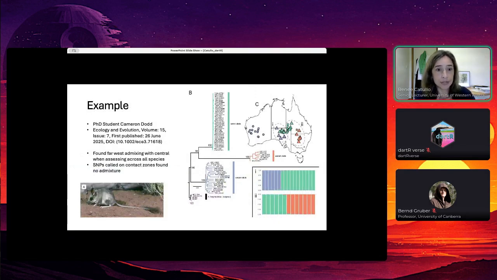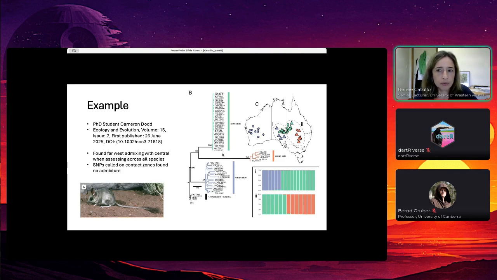So this was published last year by my student Cameron Dodd. So this is on the quoll, which even as a frog biologist, I can acknowledge is a pretty adorable marsupial. And it had 3 very distinct phylogenetic clades. This was true also in other data.